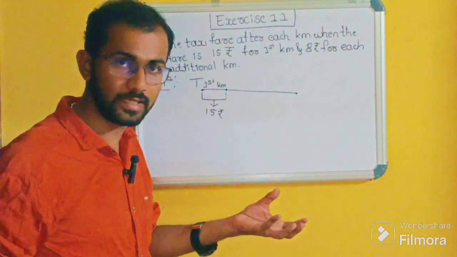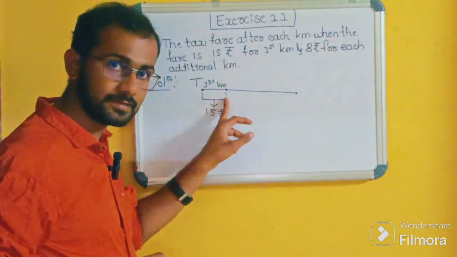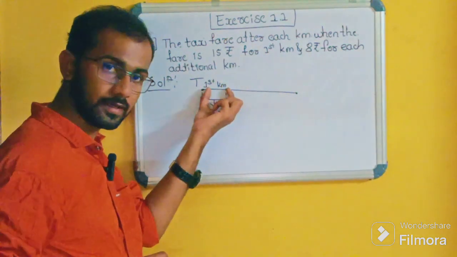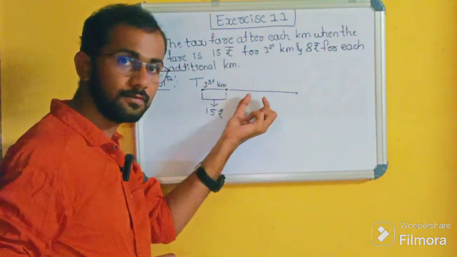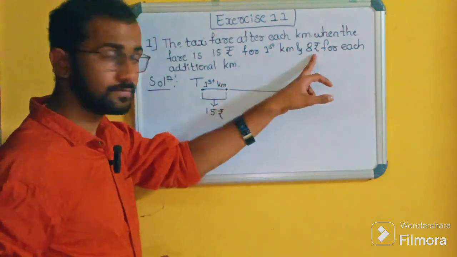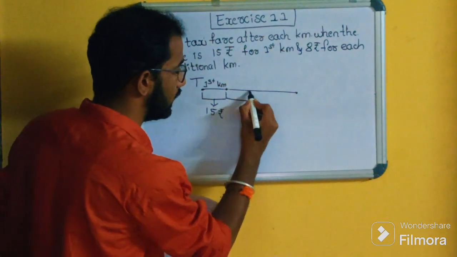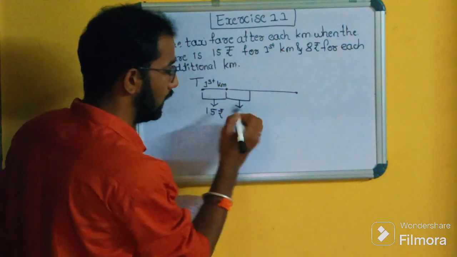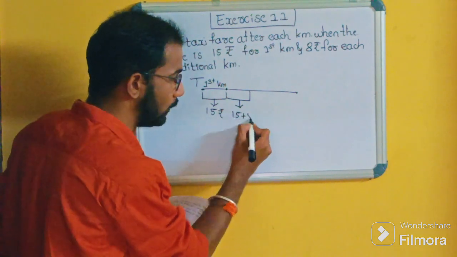after the first kilometer, for every 1 kilometer you need to pay 8 rupees extra. So if you travel for 2 kilometers, you need to pay 15 plus 8 rupees extra.